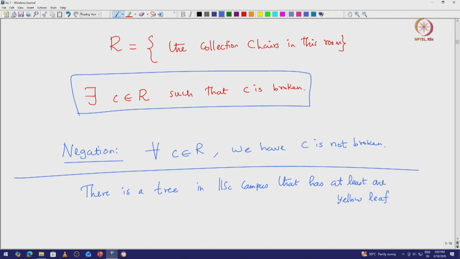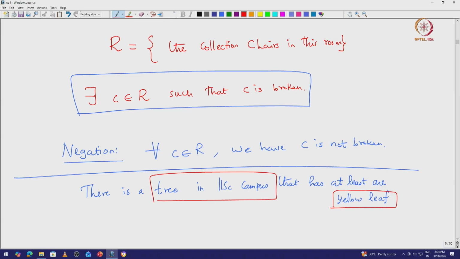Okay. So, if you think about it, the collection here is the underlying set, the set of all trees that are there in this IISc campus, and the property that this tree actually enjoys is that it has a yellow leaf. So, that is the property.